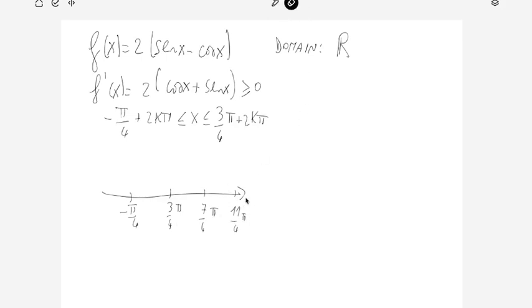Then we have to do the graph of the sign. So we know that the function is positive between minus pi over 4 and 3 over 4 pi. Then also between 7 over 4 pi and 11 over 4 pi.